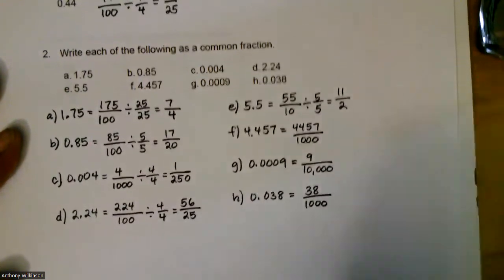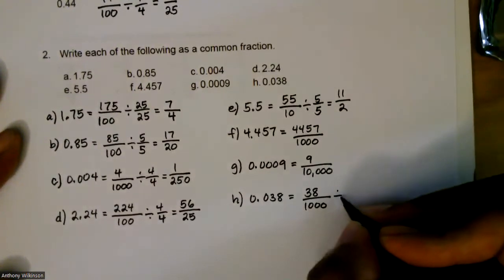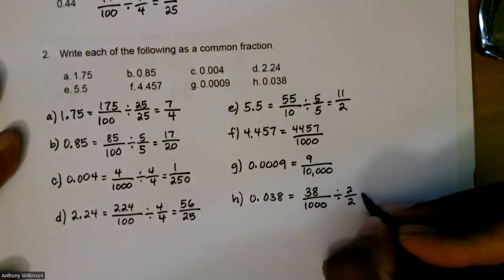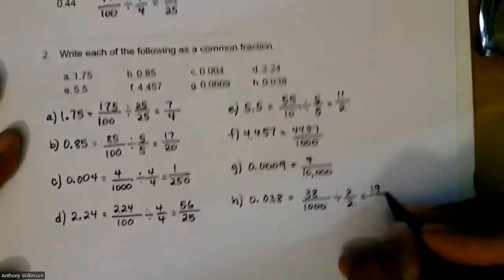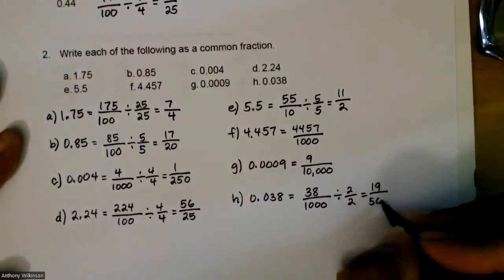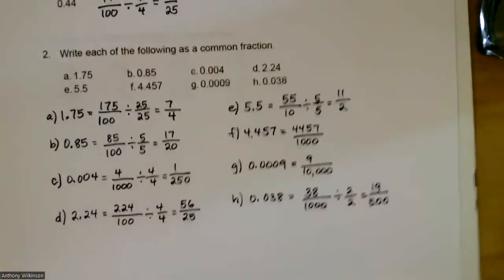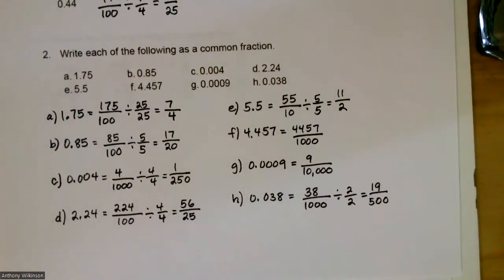Let's see if we can reduce 38 over 1,000 by dividing the numerator and the denominator by 2. 2 goes into 38 19 times, and 2 goes into 1,000 500 times. So in simplest form, it'll be 19 over 500. So that's pretty much how we convert a decimal into a common fraction.